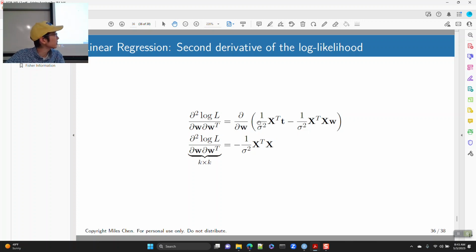The second derivative with respect to W is going to end up being negative 1 over sigma squared times X transpose X, and this is our Hessian matrix. Sorry, I know my letters have changed: our W now has K terms in it rather than N terms. So now we have this K by K square matrix, equivalent to how many columns you had in X, and so X transpose X, with negative 1 over sigma squared there.